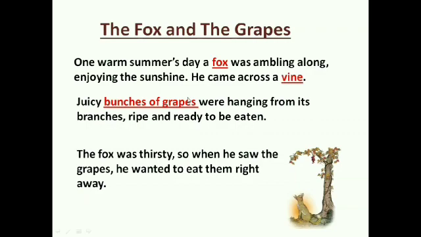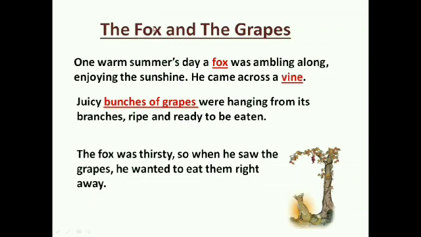Good. Step 4, you are going to start writing the fable. So start writing one warm summer's day. Then, each time you see the word fox, replace it with your own animal character. For example, remember I picked the wolf, right?